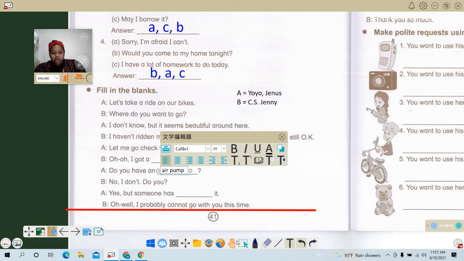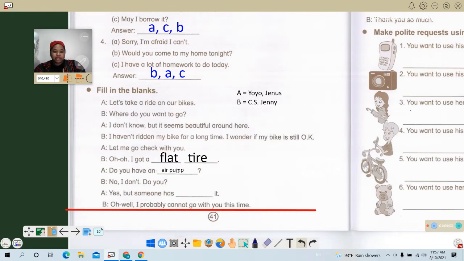Do you? And Ryan, what's the answer? No, I don't. Do you? Yes, but someone has borrowed it.